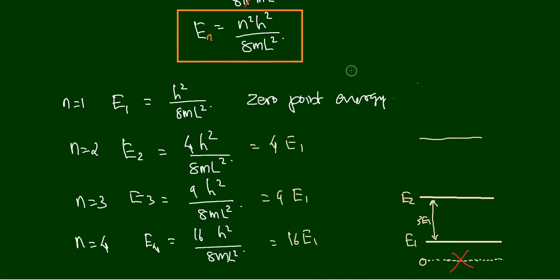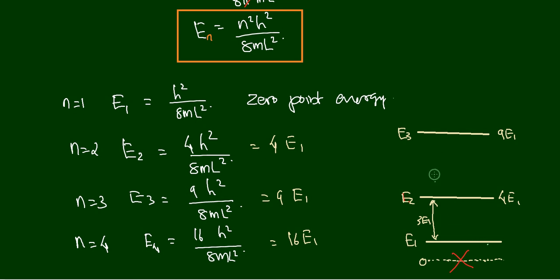So E3 is equal to 9 times E1. This is 4 times E1, and 9 times E1 means the distance from here to here is 9 times the distance from here to here.